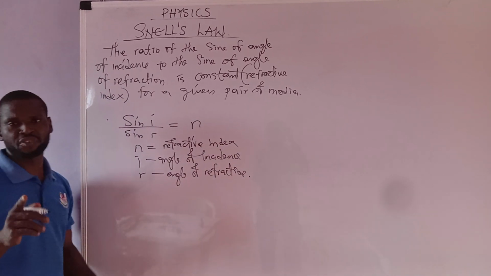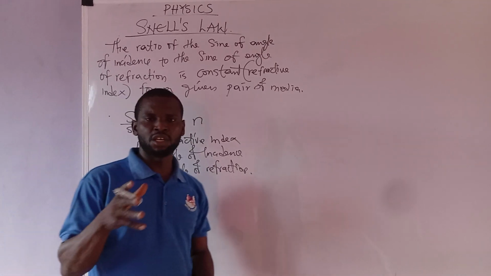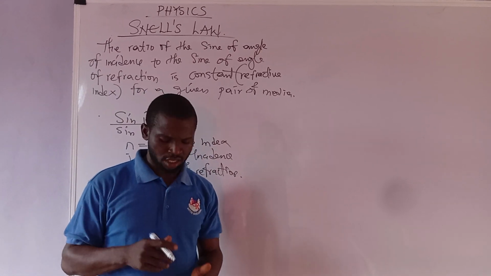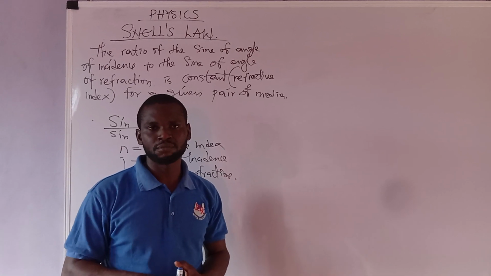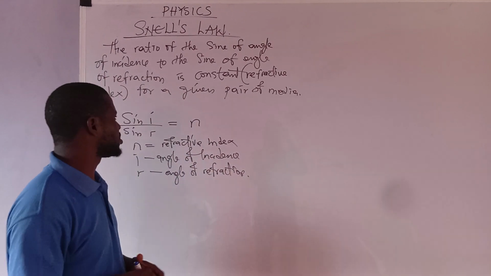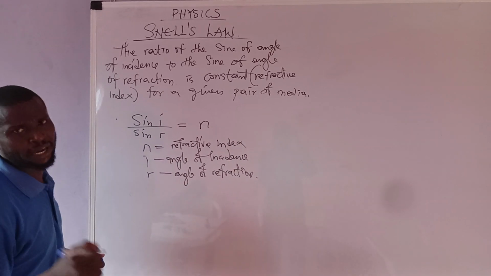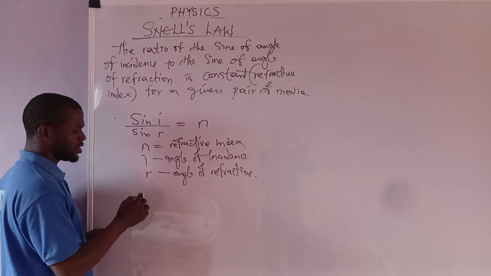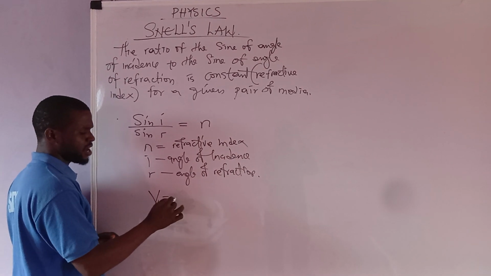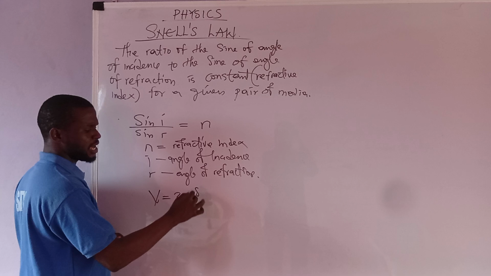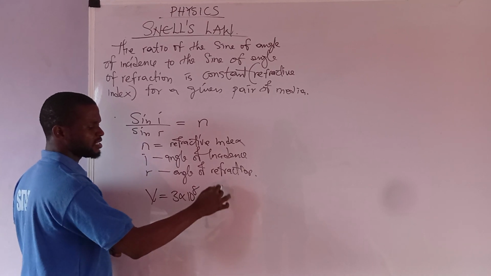I've told you that refraction deals with the change in the velocity of light due to different densities in different media. The velocity of light in vacuum is 3 × 10^8 meters per second.